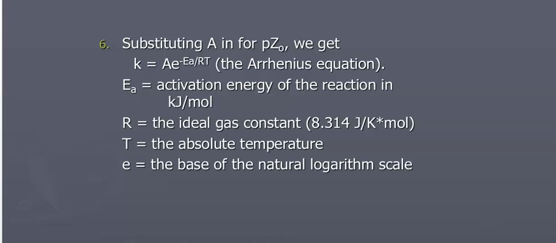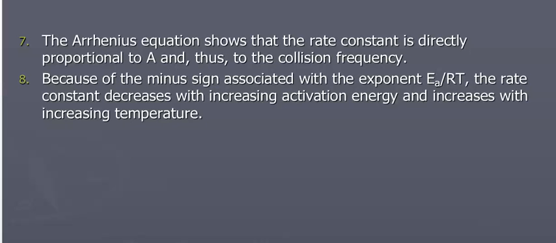So the Arrhenius equation is right here under number 6. It shows the dependence of the rate constant K on temperature, the absolute temperature, the Kelvin temperature. But we're going to use a different form of the Arrhenius equation. So here is the form that we're going to use, and it looks like this.